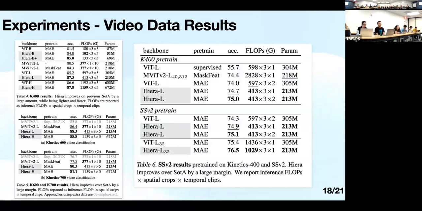And this is some of the results on the video data. So they used this Kinetics data set, which is a series of videos of people performing different actions, and this other SSv2 video data set. And I think they were doing video classification on these. So they tested this Hiera-L model and a few of the other different types of models.